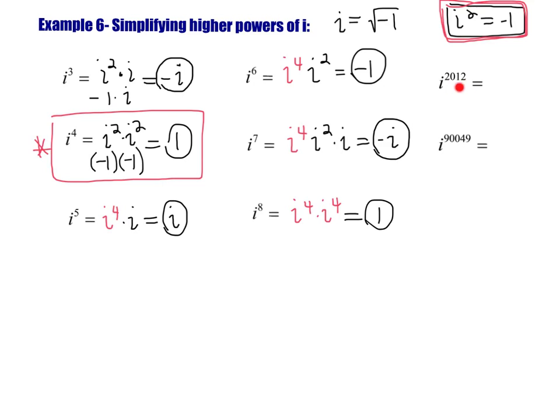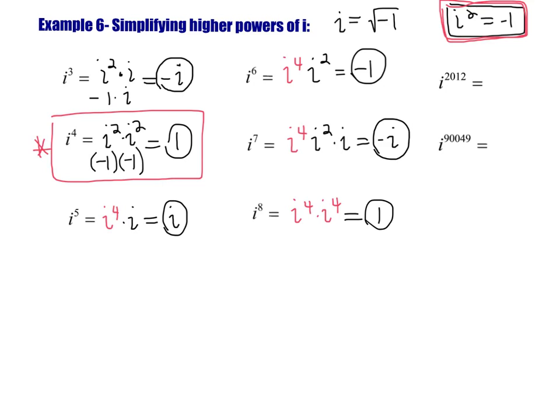Okay, what happens when you have really big exponents here, right? You don't want to sit there and have to go through breaking it down into all these little tiny i's. So what you want to do is, like I said, look for that easy one to work with, i to the 4th. So go ahead and think about 2012. Divide that by 4.